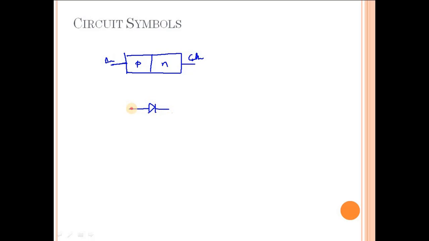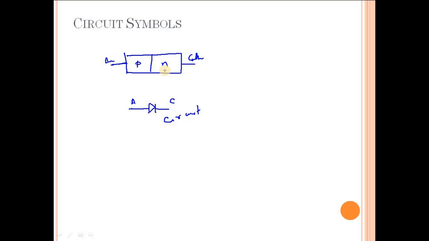So this was the anode terminal and this was the cathode terminal. This is the circuit symbolic representation of the PN junction diode. And whenever we draw a circuit using a diode, we use this circuit symbol and not the construction diagram representation of the diode.